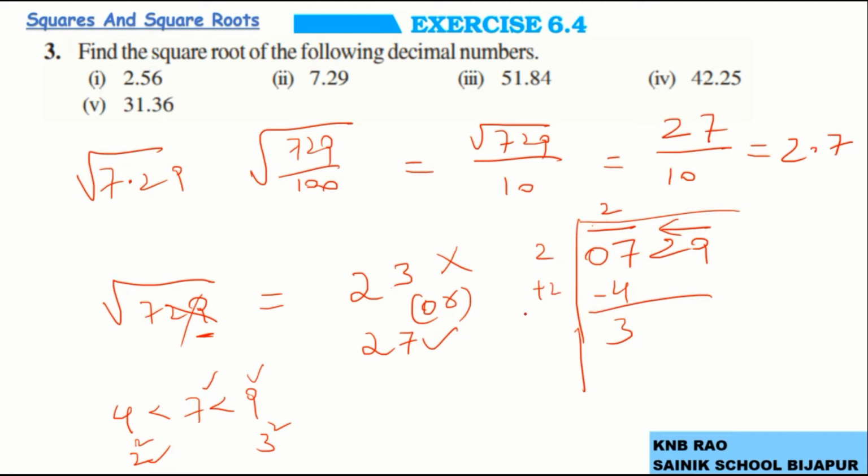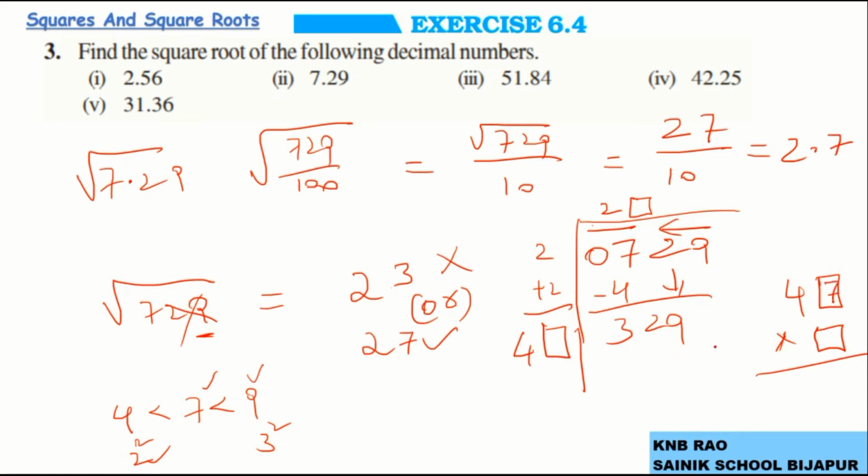Add 2 here, below is 4, and bring down the other pair. So choose a right digit, any one digit 0 to 9. So we choose the middle of 0 to 9, 5: 45 times 5 is 225, which is less than 329.